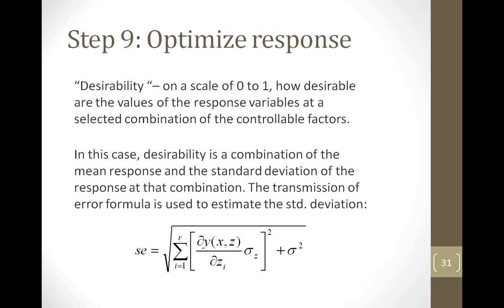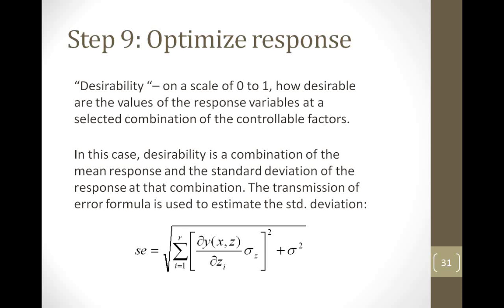And in fact, if you read Montgomery's book, he'll give you a number of different equations for how one can determine, based upon the partial derivatives of the response with respect to those noise factors, what the standard error will be at any combination of the controllable factors.